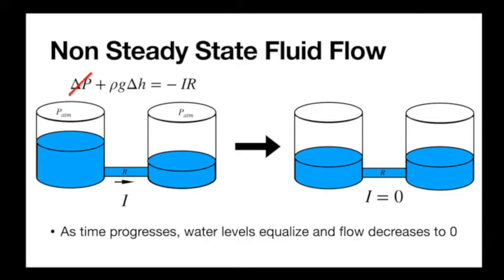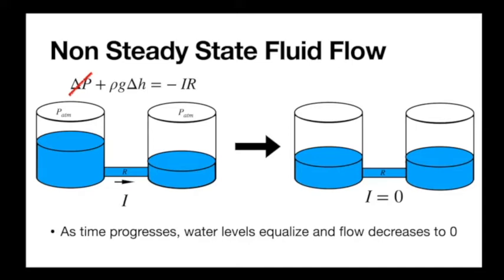Right? There is a difference in potential energy density from the higher side to the lower side, and we still do have this resistance term, so we just have the interplay between that. The driver of the flow is this difference in potential energy density, and the flow rate is then determined by that and the resistance. Now let's take a look at our equilibrium position, which happens some amount of time later.